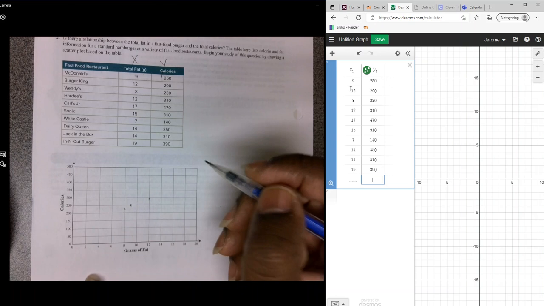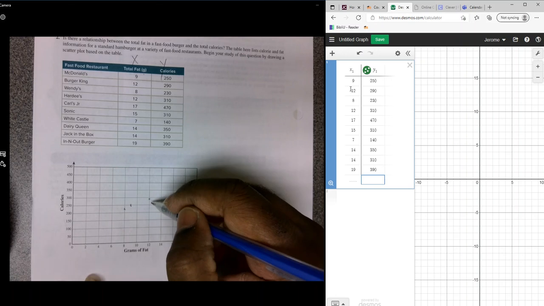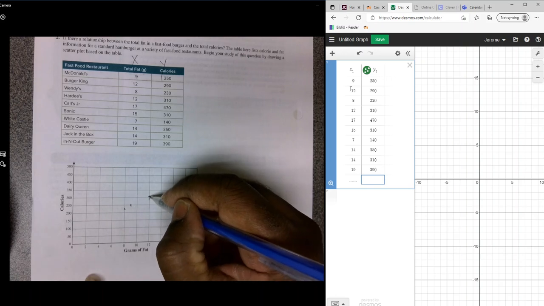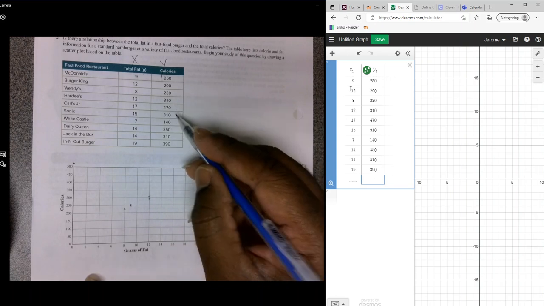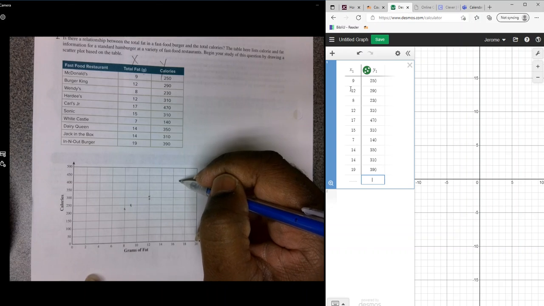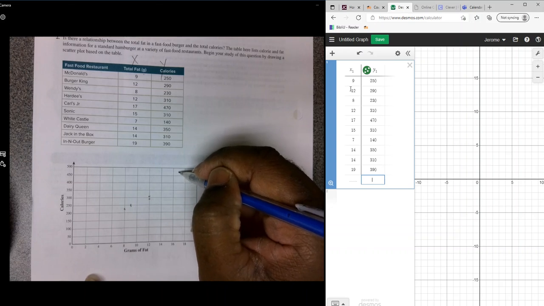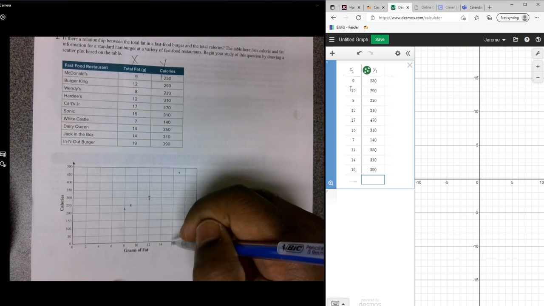Then we would have 12 and 310, a little bit above the 300. 17 and 470, a little bit below half. 15 and 310 should be a little bit above 300.